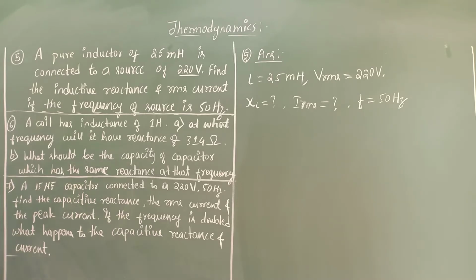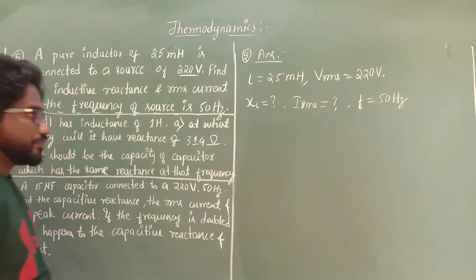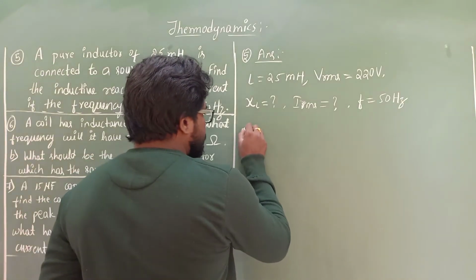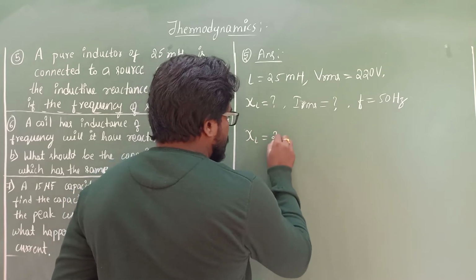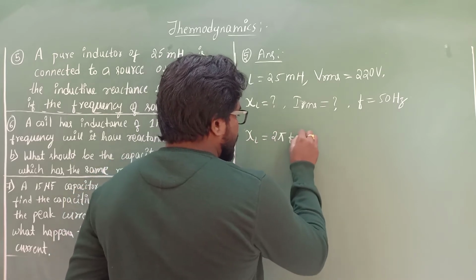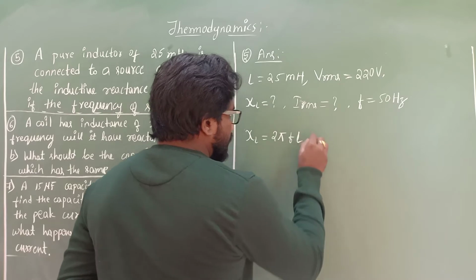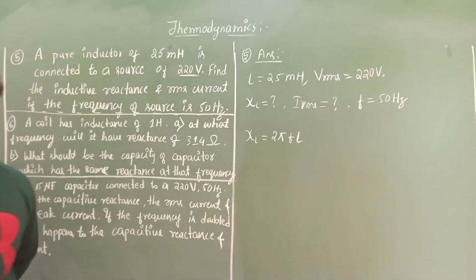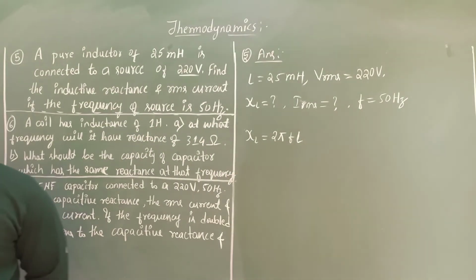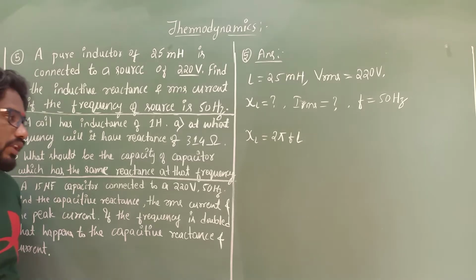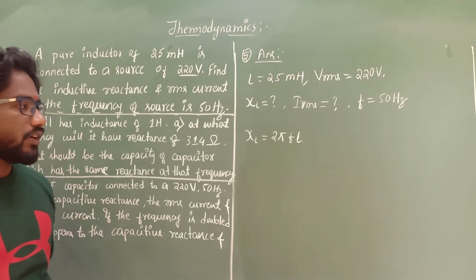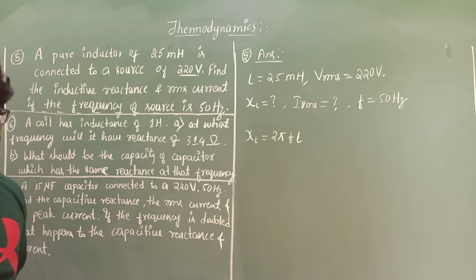To find the value of XL we have a formula. What is the formula? Inductive reactance XL equals 2 pi F into L. Just go back and check, 2 pi nu into L or 2 pi F into L; we already got this equation in the previous concepts. What is the formula for inductive reactance?